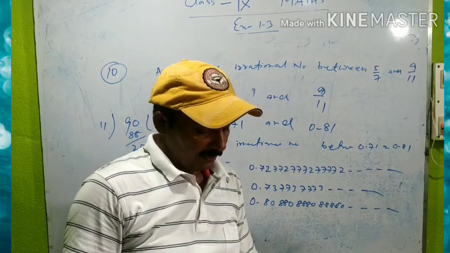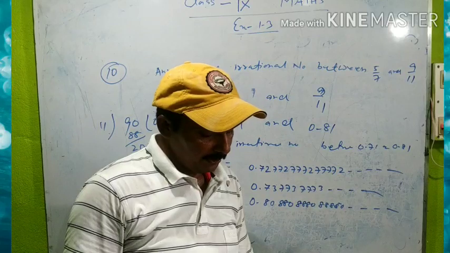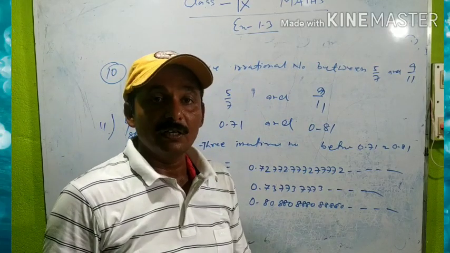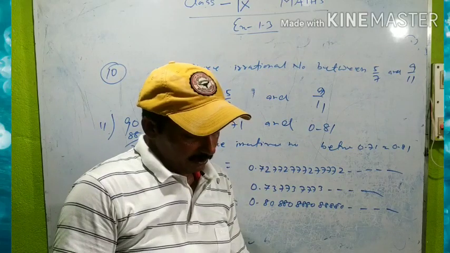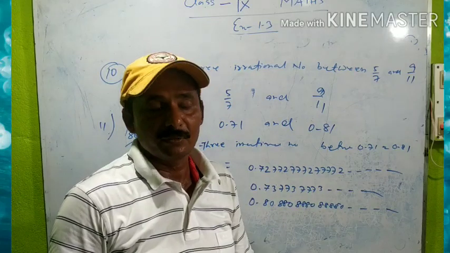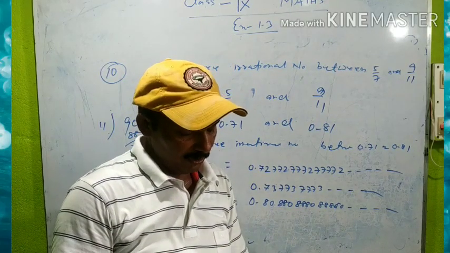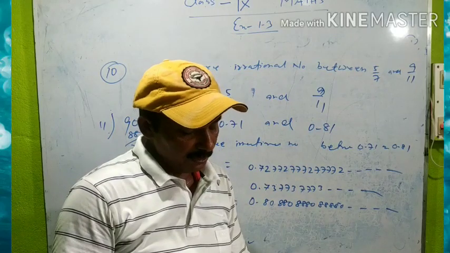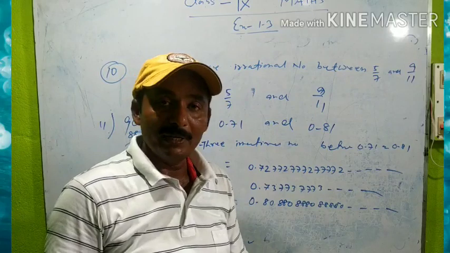Fourth one is non-terminating but repeating, so it is a rational number. And the fifth number, this decimal expansion is non-terminating and non-repeating, so it will be an irrational number. And the last number, the sixth, is non-terminating but repeating, so it will be a rational number.